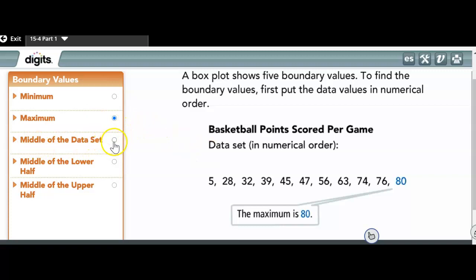The middle of the data set, something we already know how to find, is the median. So make sure you put median on your guided notes, the middle of a data set.